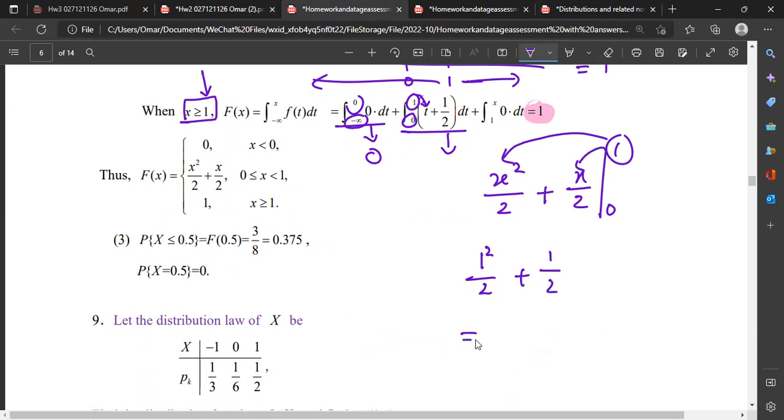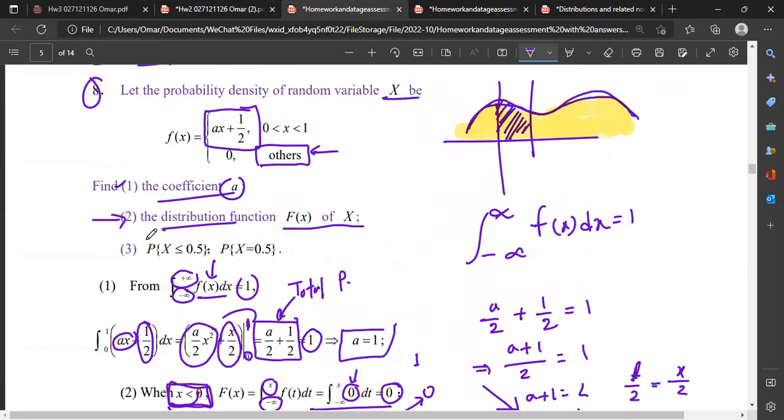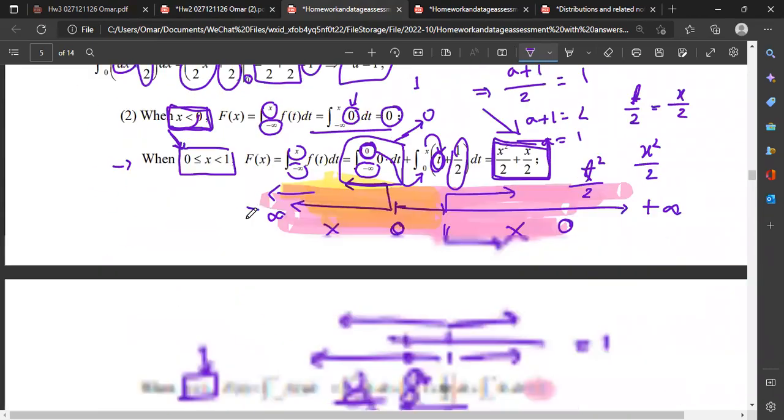So that is 1 by 2 plus 1 by 2, that is 1, right? And then this part will be 0, and this part will also be 0. So 0 plus 1 plus 0, the answer will be 1, right? That's why the final answer here is 1, or this is the total probability. So this way, we already got our answer. That is the distribution function.